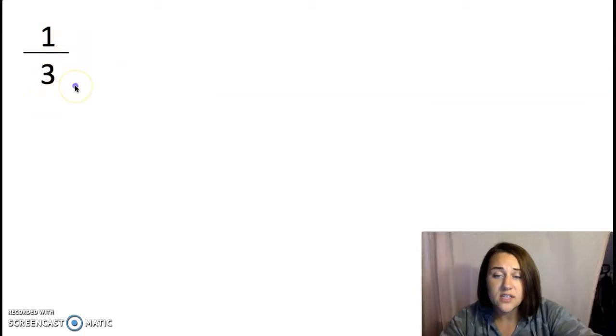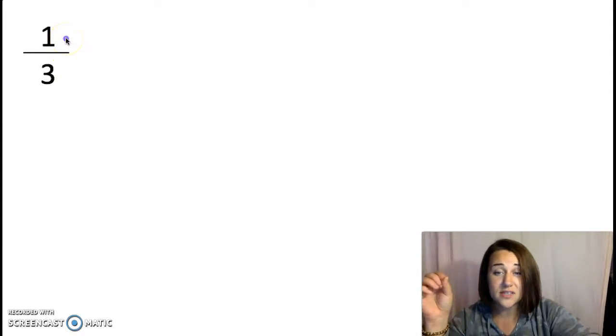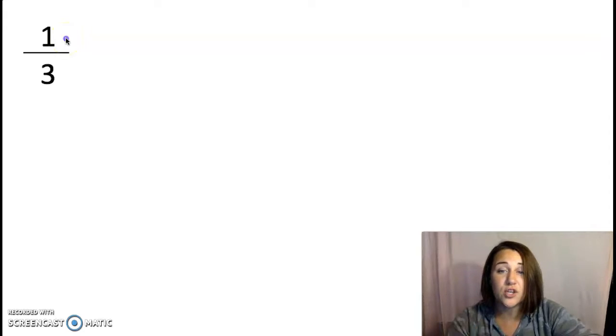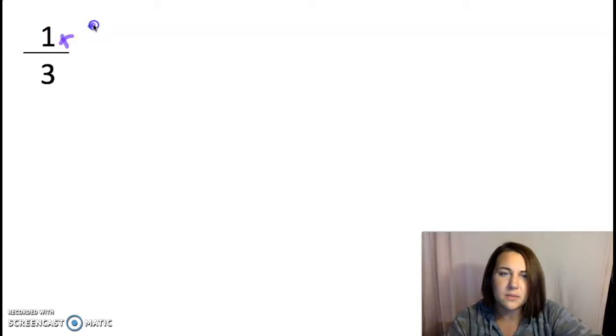And if I want to find an equivalent fraction through multiplication, I just have to multiply. But the rule is, and it's very, very important, whatever you do to the numerator, you have to do to the denominator. And whatever you do to the denominator, you have to do to the numerator. So if I decide I'm going to multiply 1 by 2, I'm going to keep it simple. I know my 2 times tables, right?